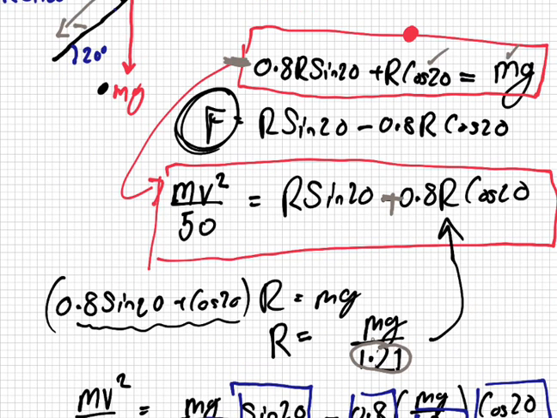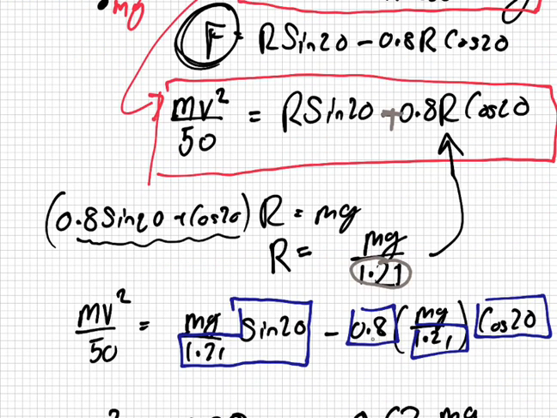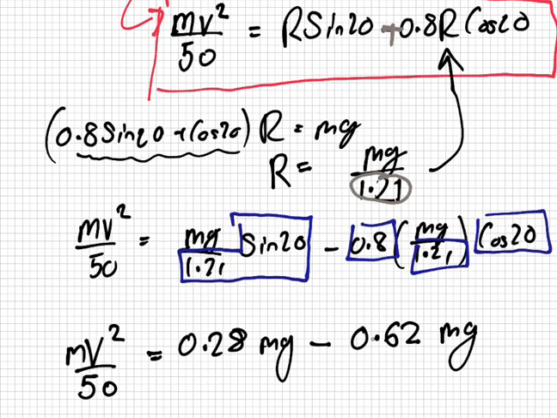So I have minus 0.8 sine 20 plus cos 20, and that's 0.666 instead of 1.21. So change that to plus, and change this here and this here to 0.666. Let's see what we get now.